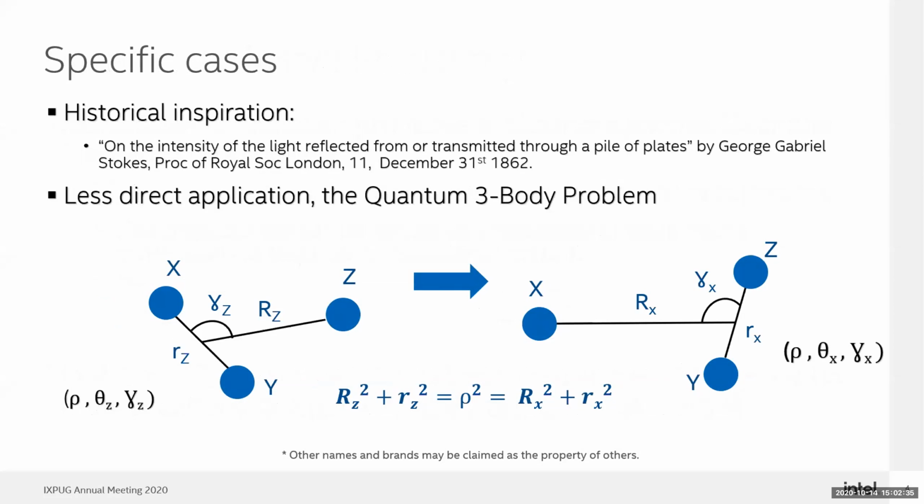As I said, there's a long history of this kind of approach. The historical inspiration is from no less than George Gabriel Stokes. In the papers online, he was looking at the propagation of light through a pile of plates.